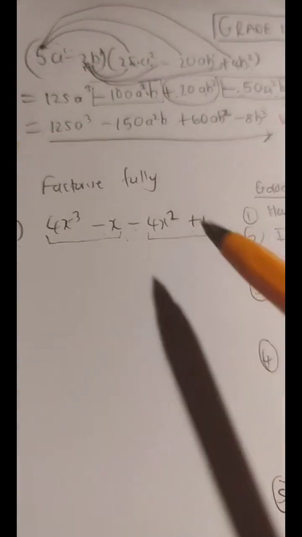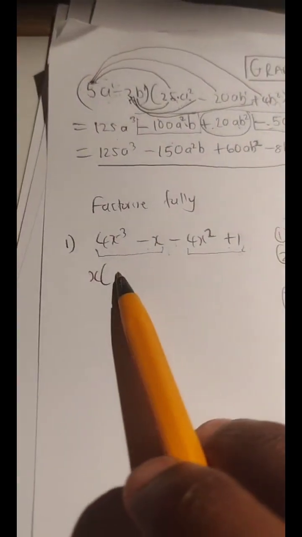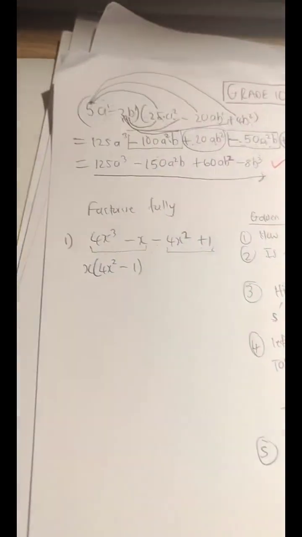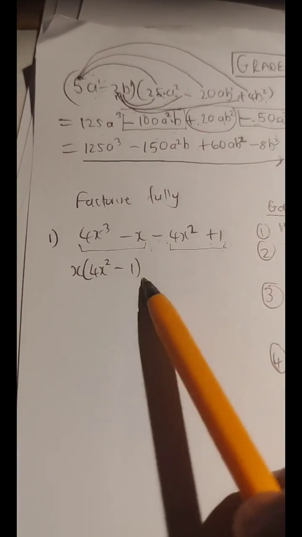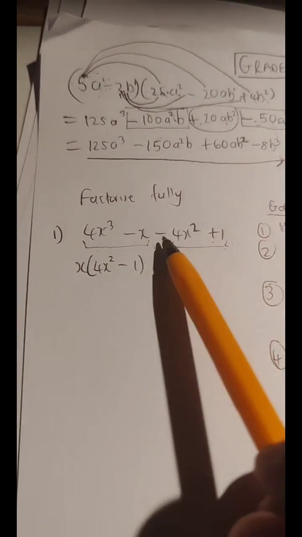Very good. Highest common factor for the first pair is x. Okay, what is left over inside? You have 4x squared minus 1. Hope you see that. Highest common factor is x. You have 4x squared minus 1 left over inside the bracket.